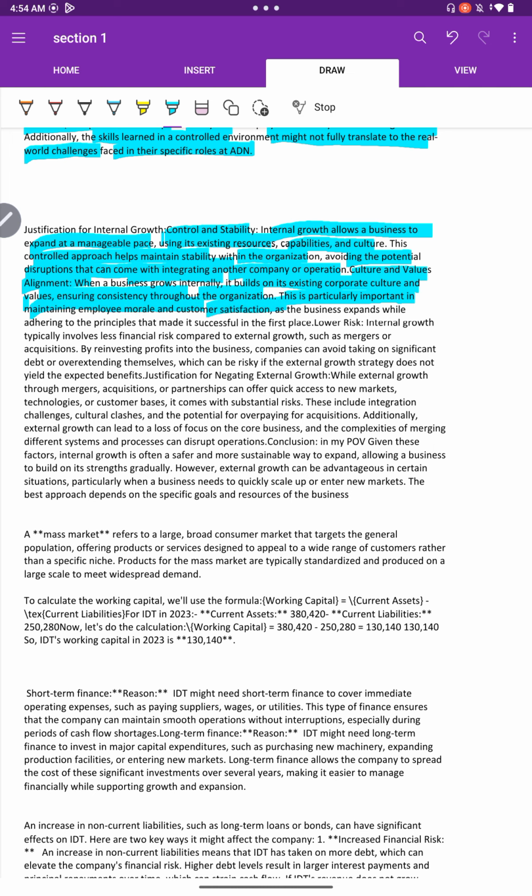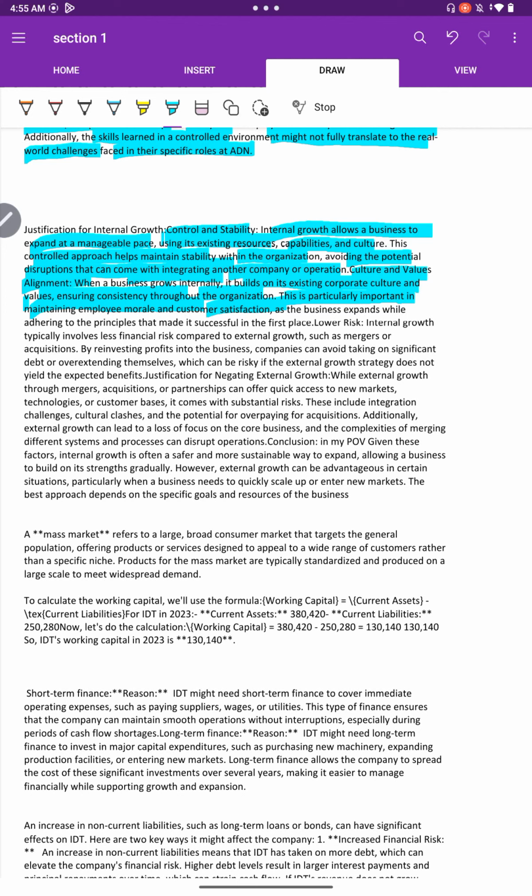So, culture and values alignment means that, for example, if you have been following the autocratic style, this is your culture. But maybe if you are merging with any other company, and that company has been following the laissez-faire or maybe the democratic one, this would be difficult for you to adopt, because of course you have to adapt, as their employees are used to working like this in the business, and that's why maybe they will feel demotivated if you use your own autocratic style on them.